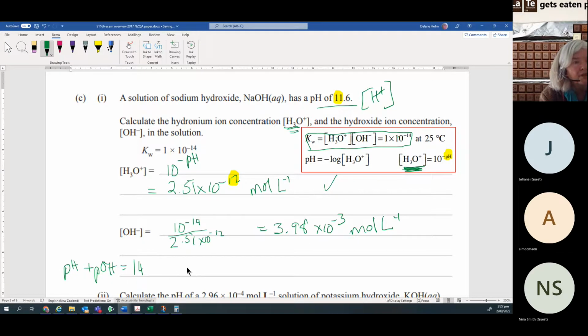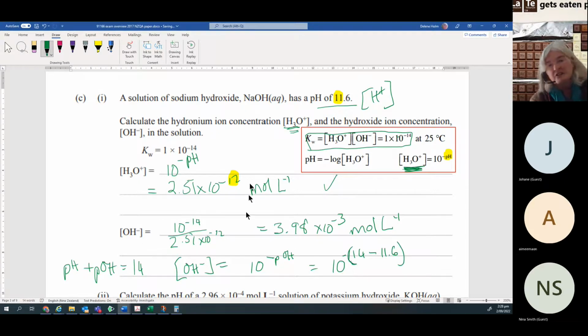So therefore, OH minus is equal to 10 to the negative pOH, which would be equal to 10 to the negative, you would just say 14 subtract 11.6.